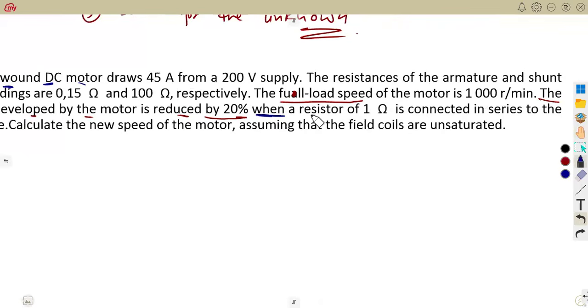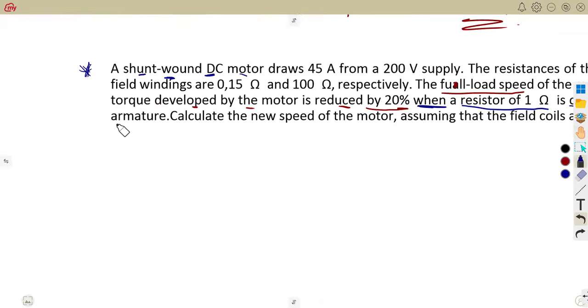They're saying when a resistor of 1 ohm is connected in series to the armature. This is the effect now. That is where you get your original and your final from that statement.